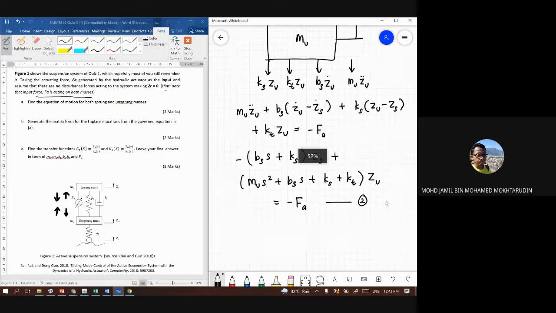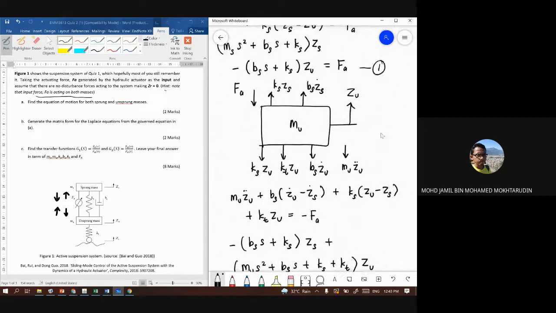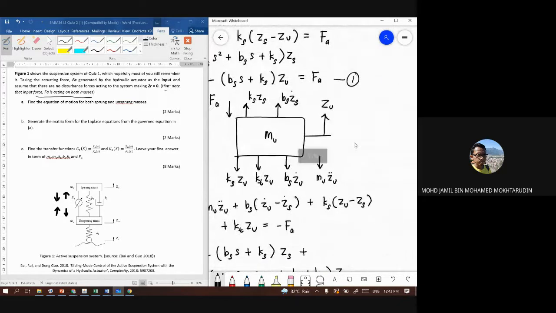Now we can write the equations of motion in matrix form, since we have 2 equations here.